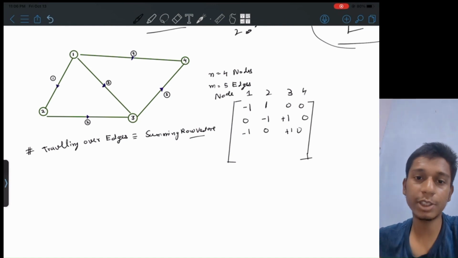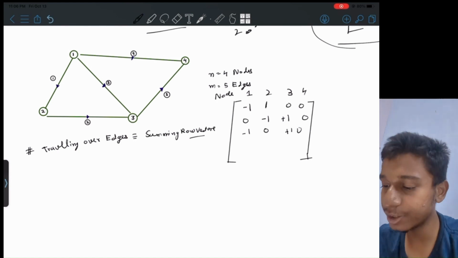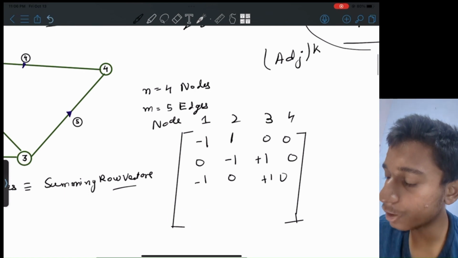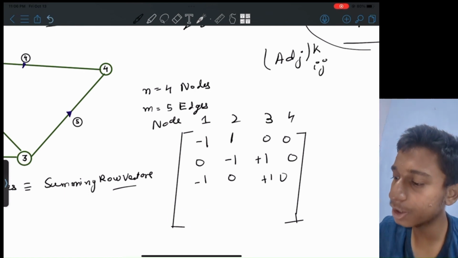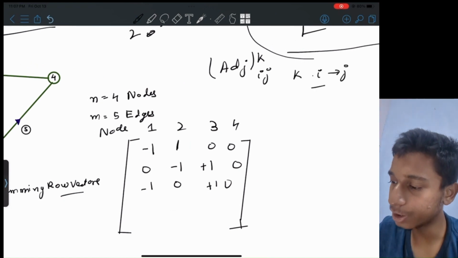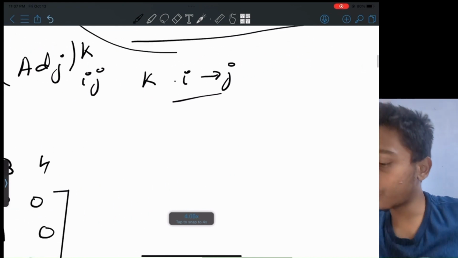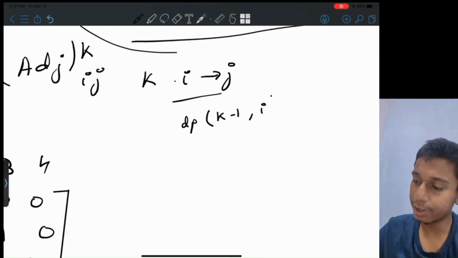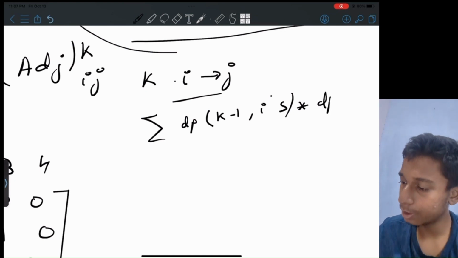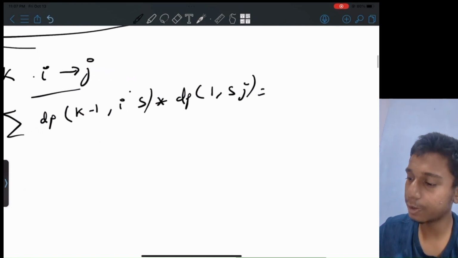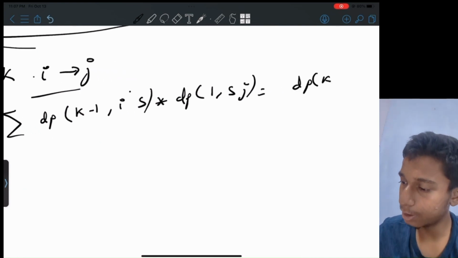Even there we can use the same concept of adjacency matrix, where the adjacency matrix to the power k represents, in the i, j-th entry, the number of paths of length k from node i to node j, because from the DP problem you can compute that the sum over s of dp_{k-1}(i, s) times dp_1(s, j) would be dp_k(i, j).